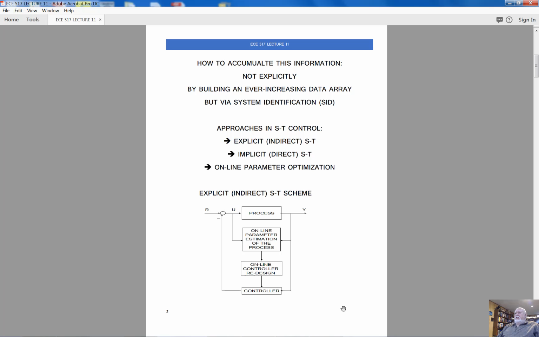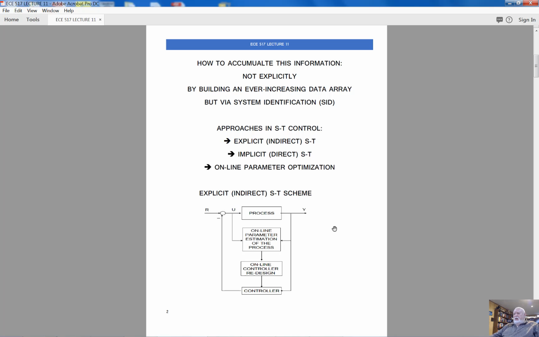And in self-tuning control, we use system identification for two basic applications: explicit or indirect self-tuning, and implicit or direct self-tuning. But in addition, there are techniques known as online parameter optimization.